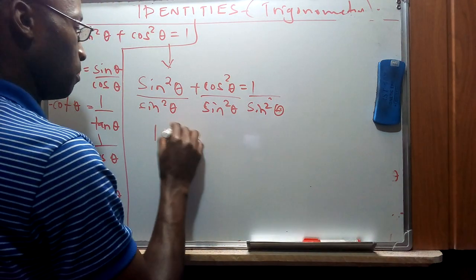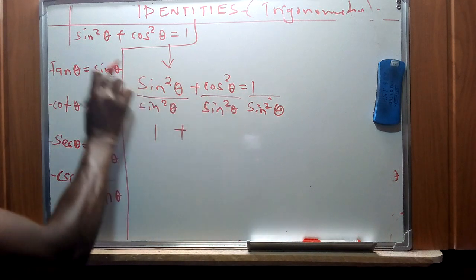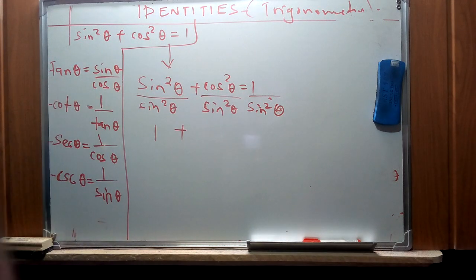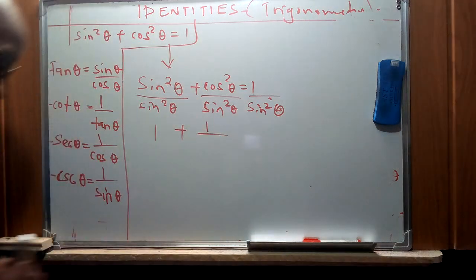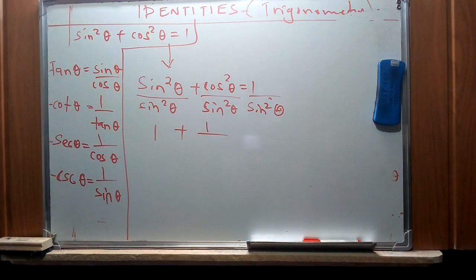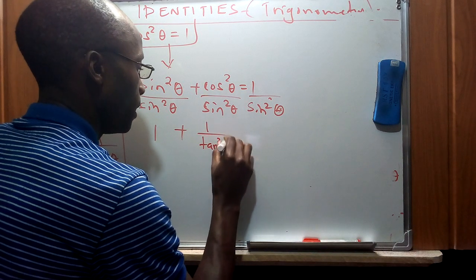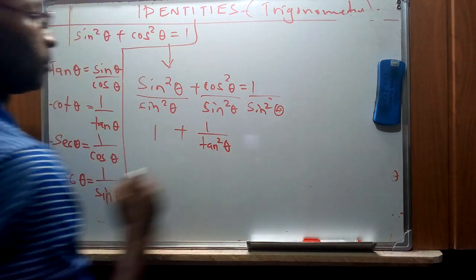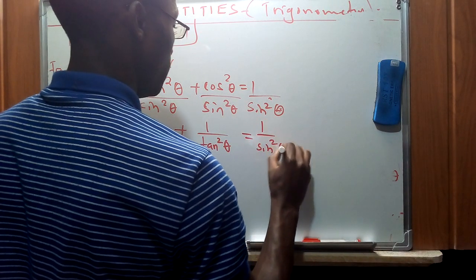So we have 1 plus, so the cosine of theta over the sine of theta is the inverse of this. So basically this will be 1 over, of course, the tan squared theta, which is equivalent to 1 over the sine squared theta.